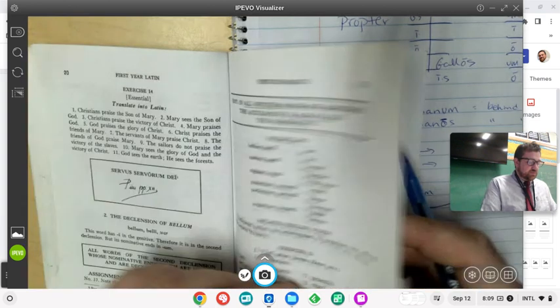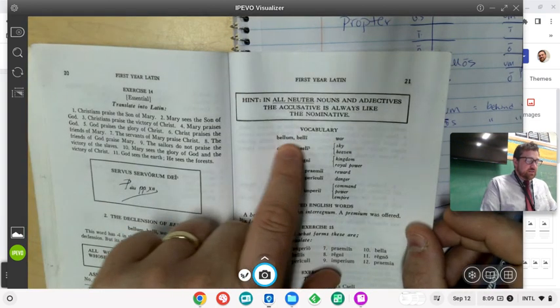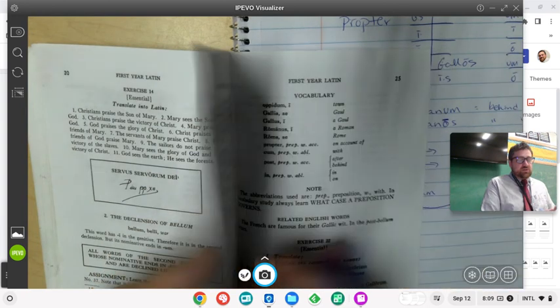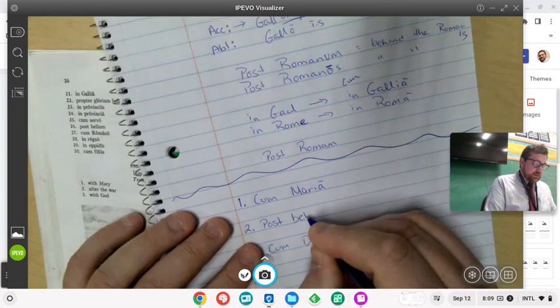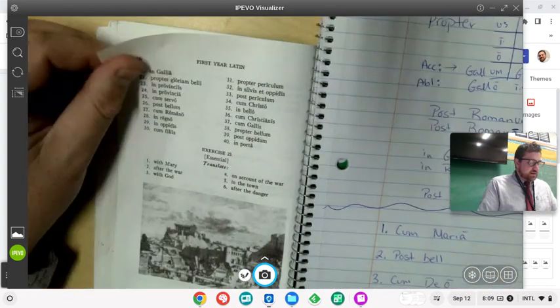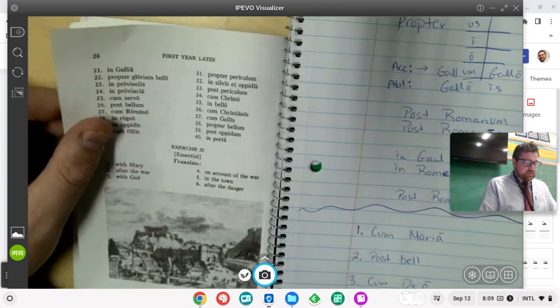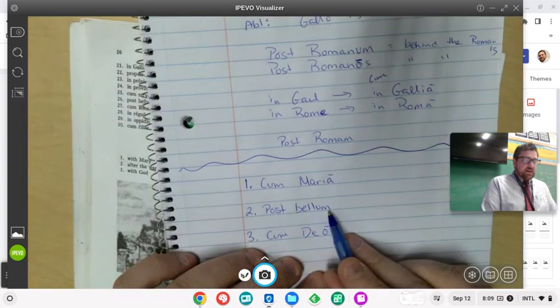No, it was on the previous one. Bellum. And it's a second declension neuter word, it looks like. So I'm going to write bell, post bell. And if it takes the accusative, that would be bellum, post bellum, means after the war.